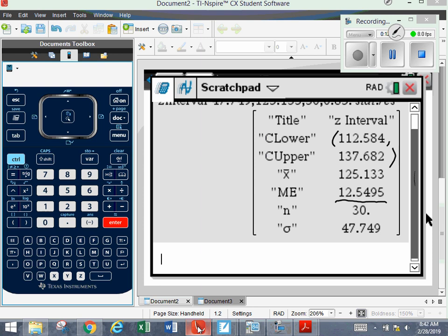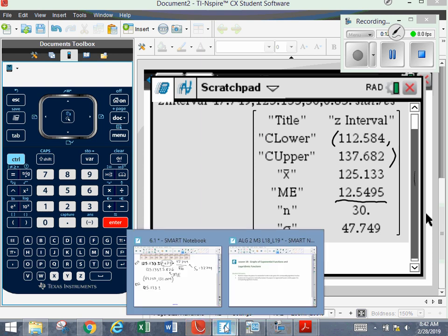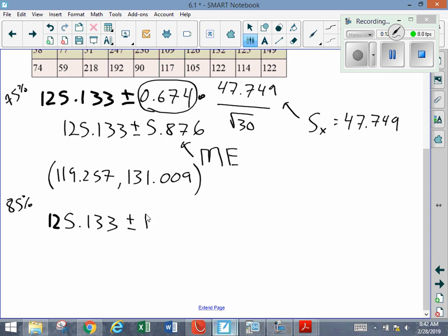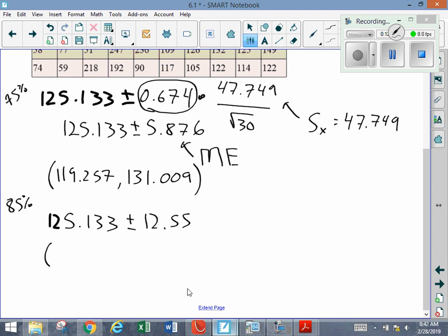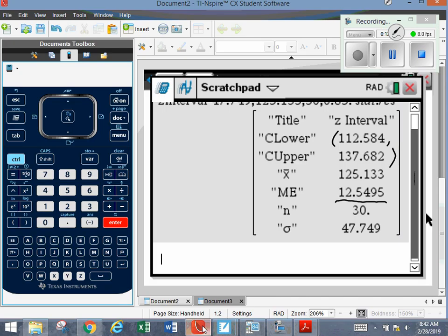But for now, we'll put the margin of error at 12.5. And then we can write the confidence interval: 112.584 and 137.6.